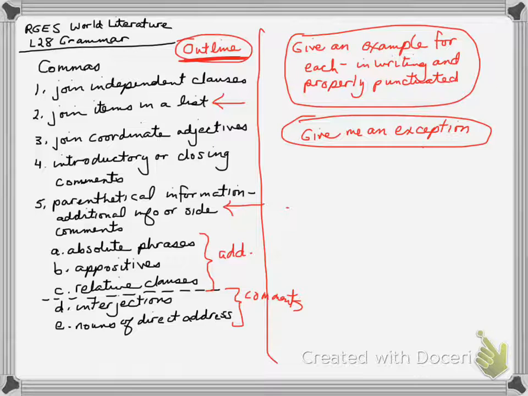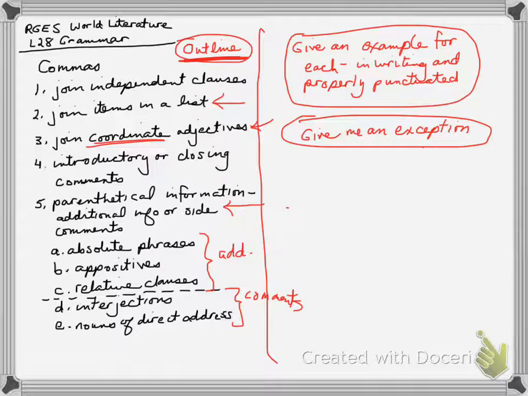Coordinate adjectives, a list of adjectives. Now this is kind of tricky because there's no exception for how we do coordinate adjectives, but they're as opposed to cumulative. So this would be what I'm talking about as an exception.